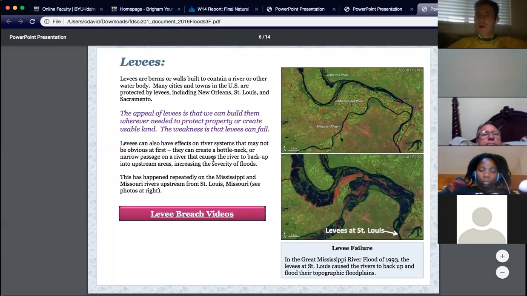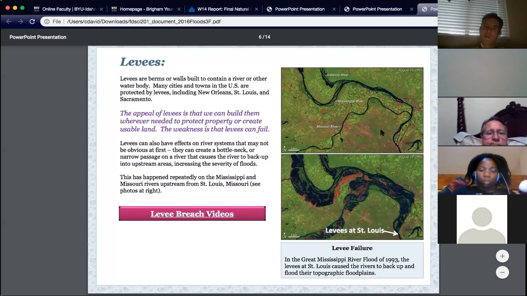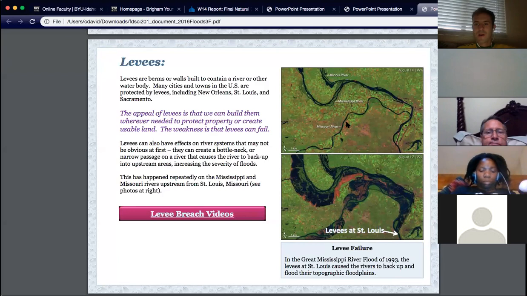So these are really great. You can control your river and direct flow. This is what they've been doing in New Orleans for hundreds of years now: they built these levees. They can control the flow of the Mississippi and force it to go where they want it to go and keep people safe.